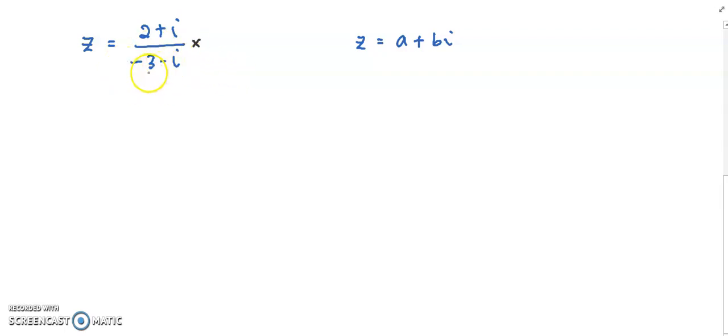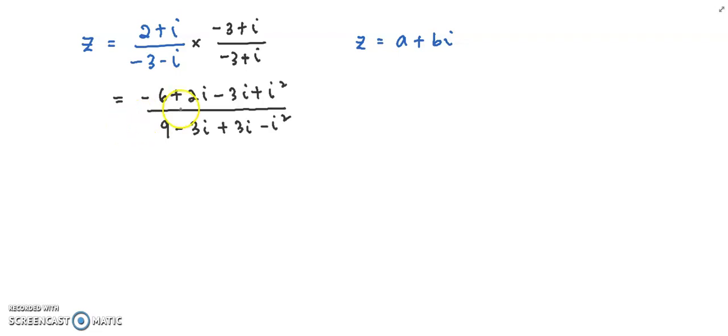The conjugate of the denominator, we just change one of the signs. Normally I will change the sign in front of i, so I will find this conjugate as negative 3 plus i. So on top, we multiply by negative 3 plus i, and the denominator also we multiply by negative 3 plus i. Then we expand it and simplify.